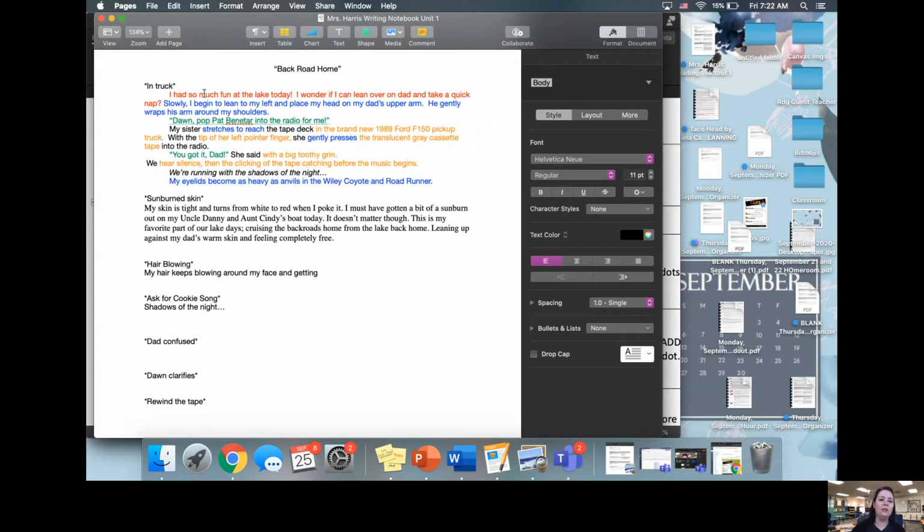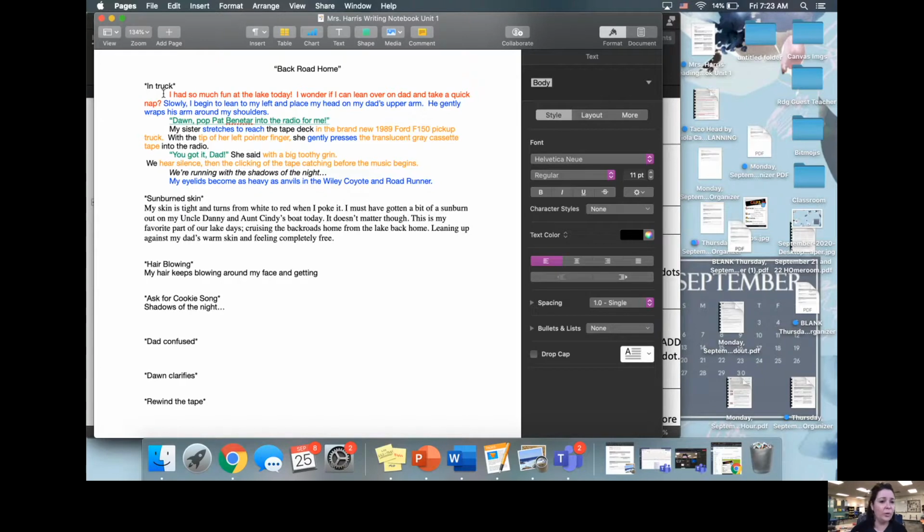But you guys have all of this color coding going on. So today, what I really want you to do is just go through your writing and make sure that your sentences are starting with an uppercase letter. Make sure that that capitalization is there. So we're going to show that today by highlighting it or changing the background of the text. We're going to make that green, okay?